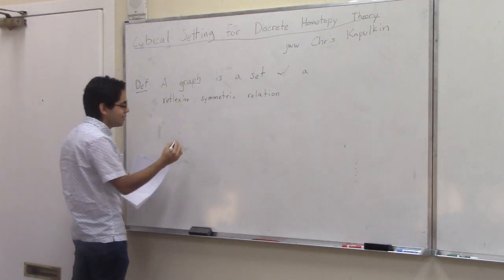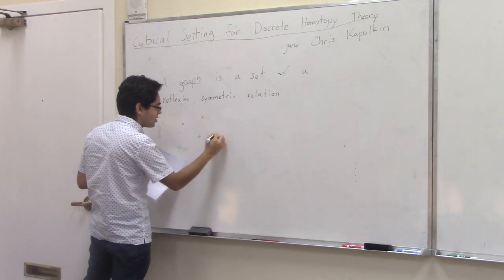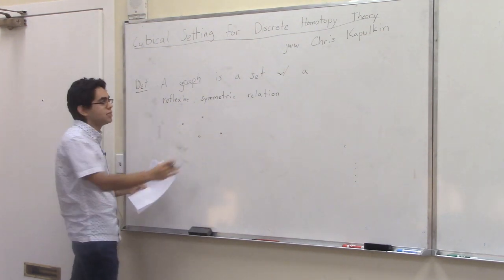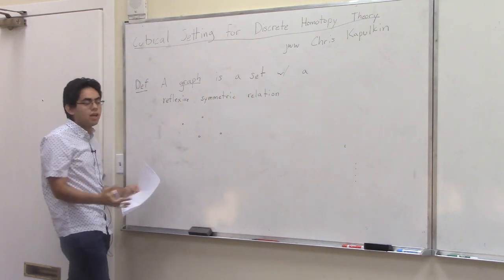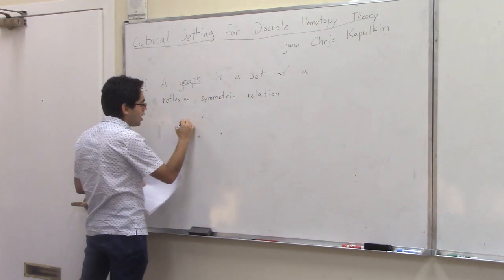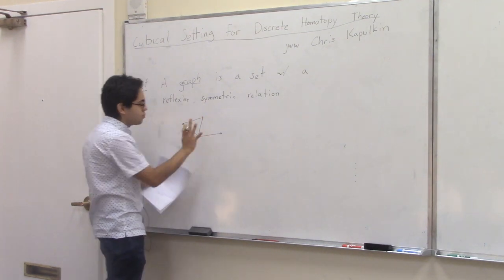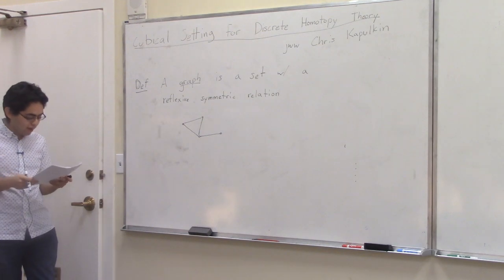So the convention is that I'll draw a bunch of circles, which are the vertices of the graph, which would just be elements of this set. And when two elements of the set are related, I will draw an edge between these vertices. So this would be an example depiction of a graph.